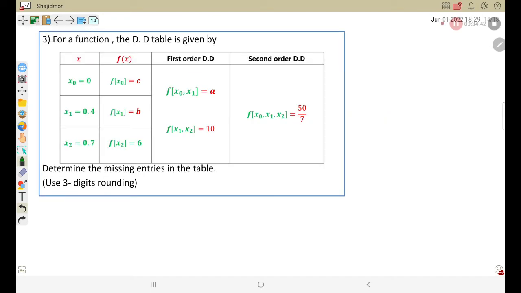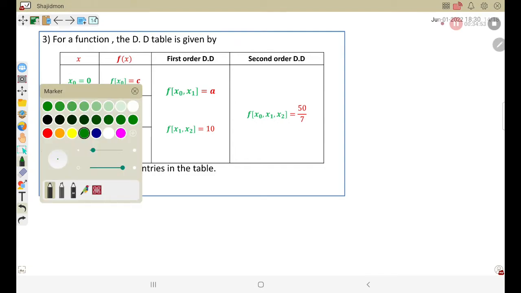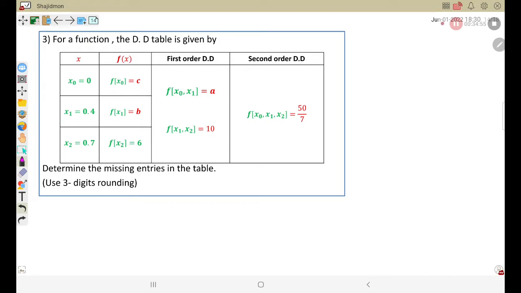Now we will go to the next question. Question number 3 is just a table-related question. For a function, the divided difference table is given by x0 value is 0, x1 is 0.4, x2 equal to 0.7, with first order and second order divided difference numbers given.